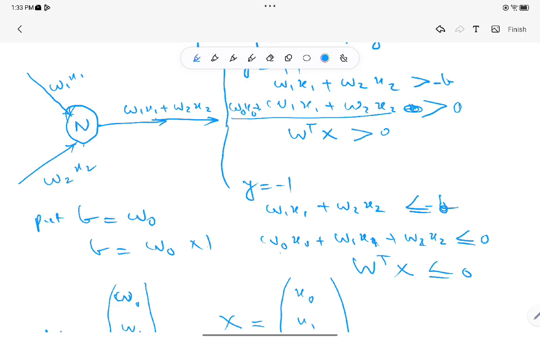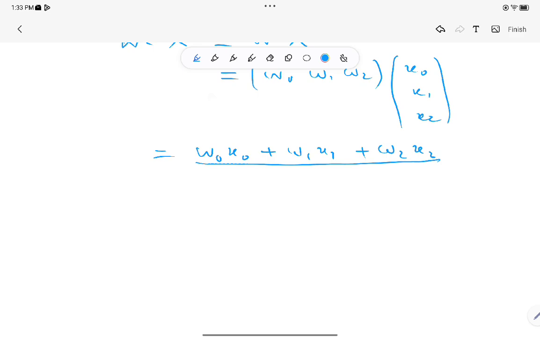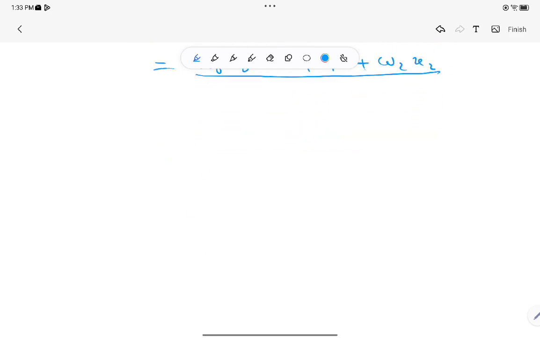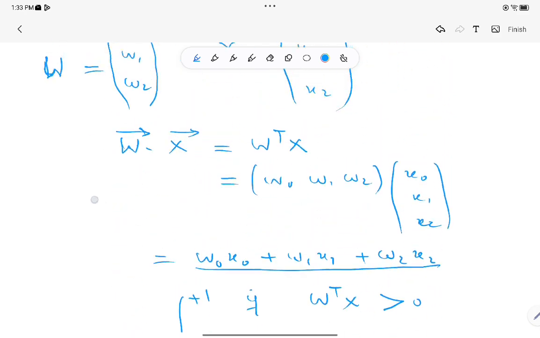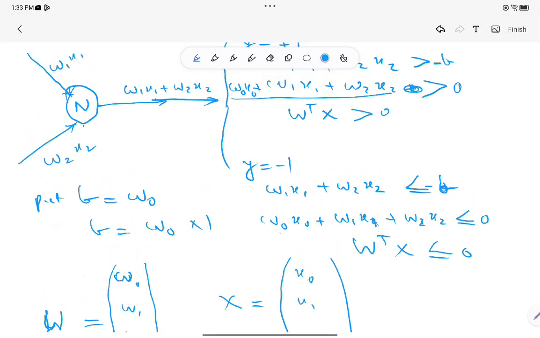I can then write this condition by a single simple equation: y is equal to +1, that is, the output of the neuron is +1 and the neuron is on, if W^T x is greater than 0, and -1 if W^T x is less than or equal to 0.